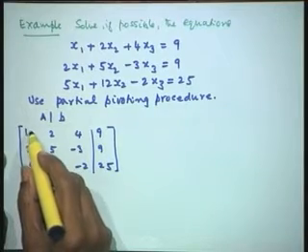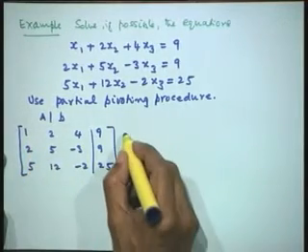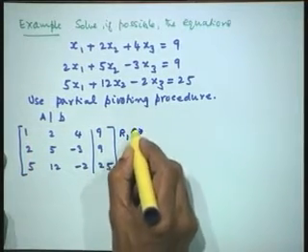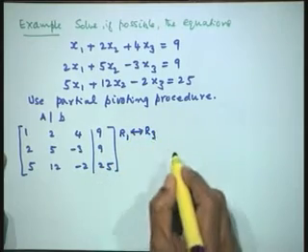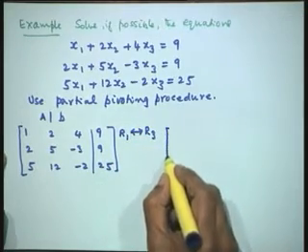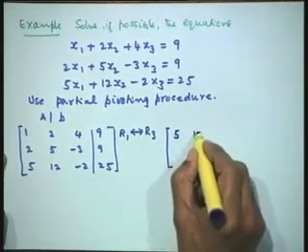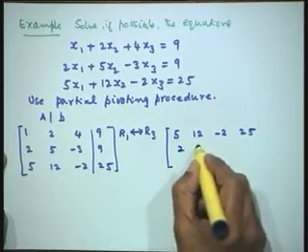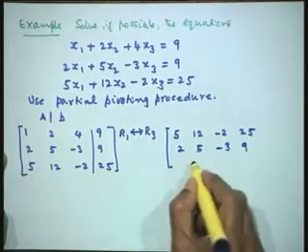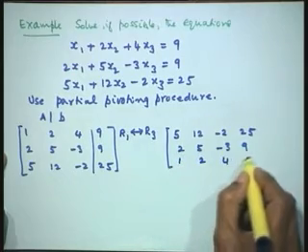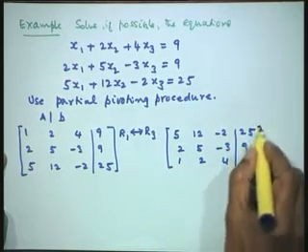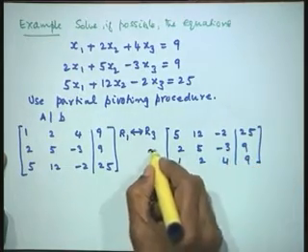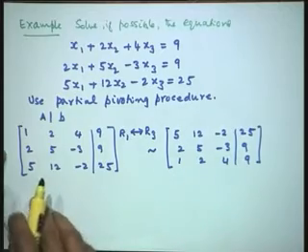So I will interchange row 1 and row 3. So I would therefore have 5 12 minus 2 25, 2 5 minus 3 9, 1 2 4 9. So this is an equivalent matrix.